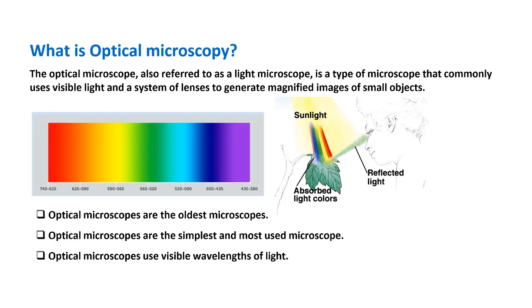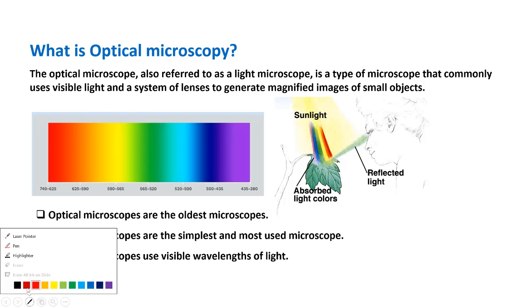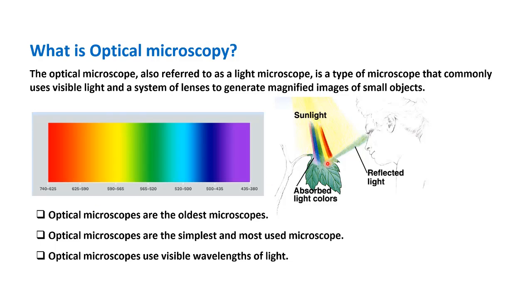And if it is reflecting a certain color, or wavelength of light, that is how we perceive it. Suppose this green leaf appears green because it is reflecting the green color and absorbing all the other colors. That is why we see it as green. A similar phenomenon happens in the optical microscope also. These are the oldest microscopes.